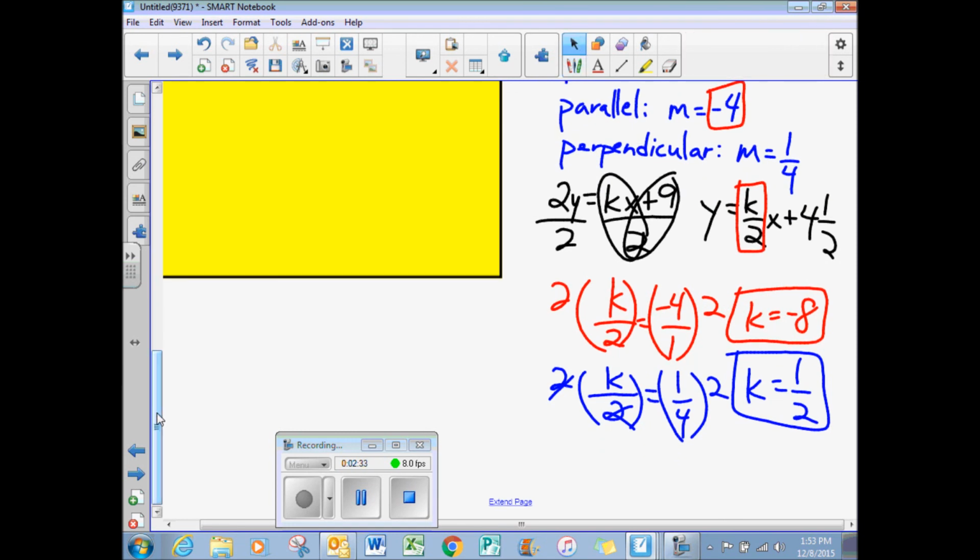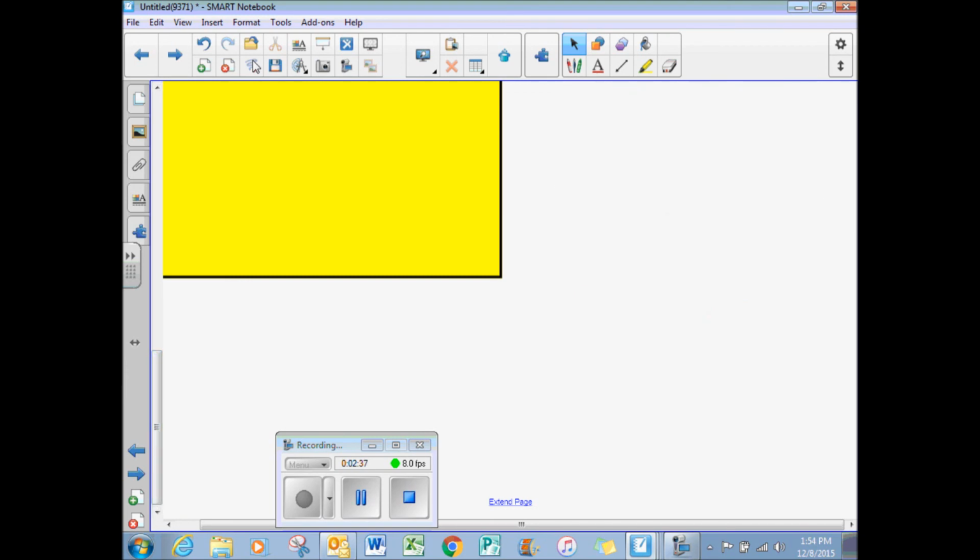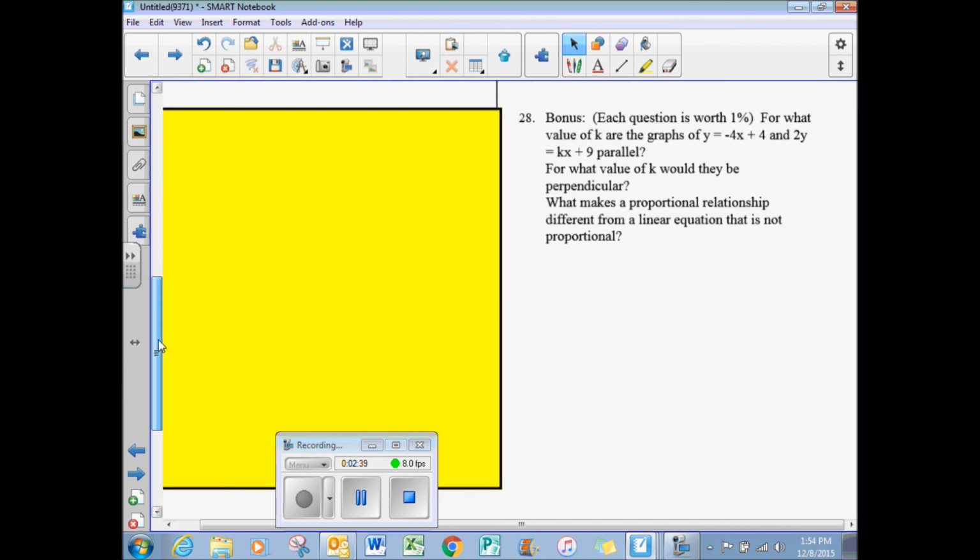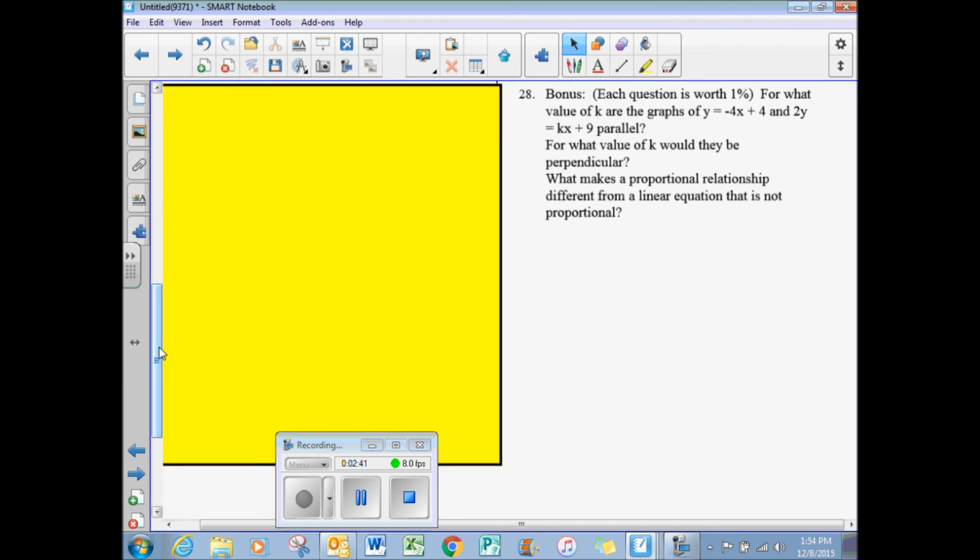The third one can be found by telling what makes a proportional relationship different from a linear relationship that is not proportional. The first thing is a proportional relationship always goes through the origin, or 0, 0.